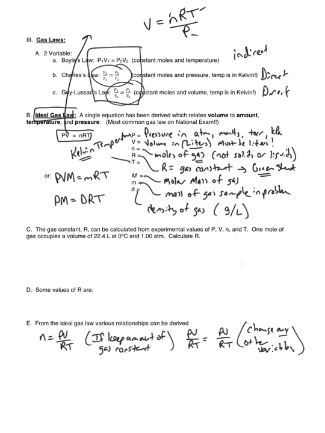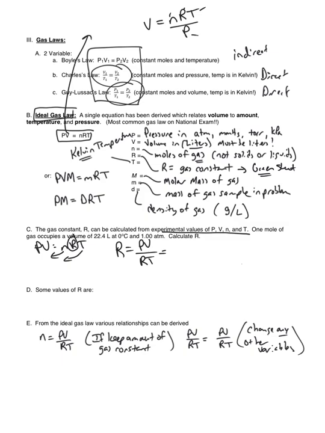The gas constant R can be calculated from experimental values of pressure, volume, n, and T. So if I take PV equals nRT and I solve it for R, I'm going to move the moles and the temperature over by dividing. So the gas constant is PV over nT.